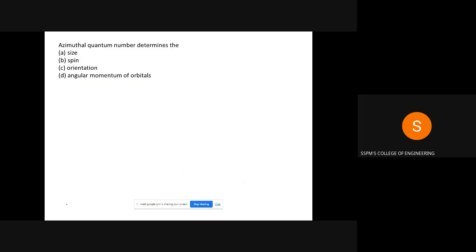So the azimuthal quantum number varies from 0 to n minus 1.